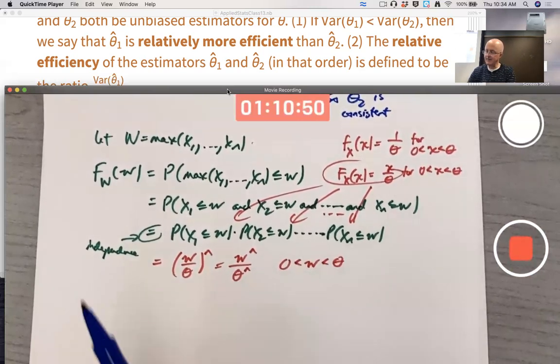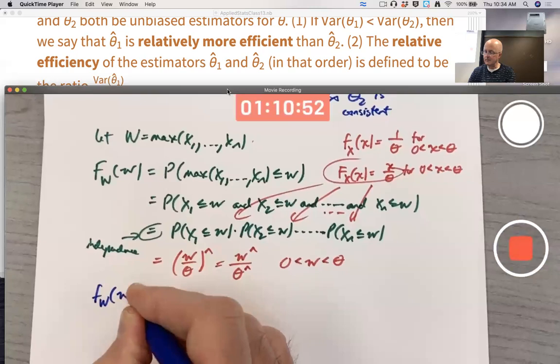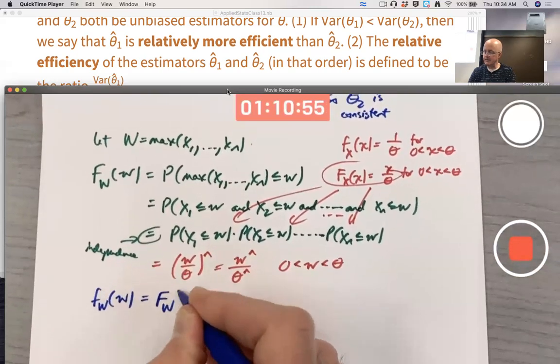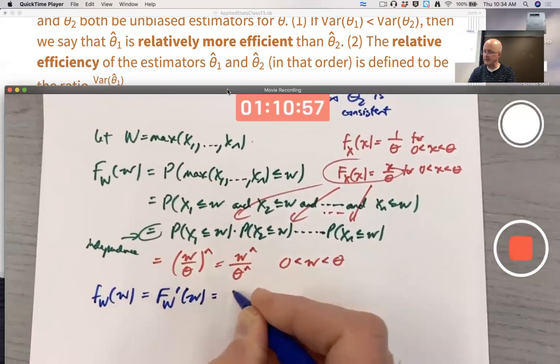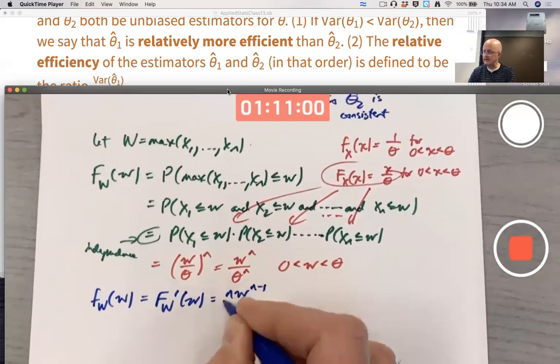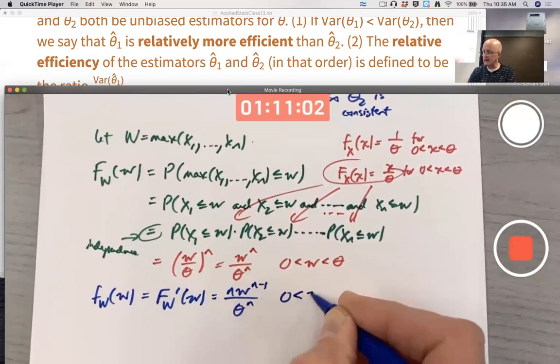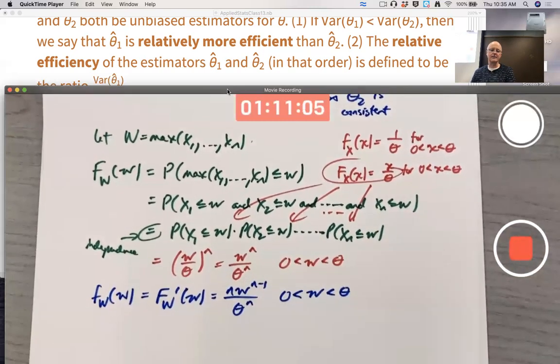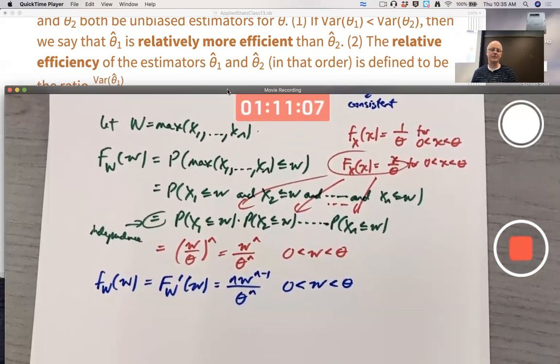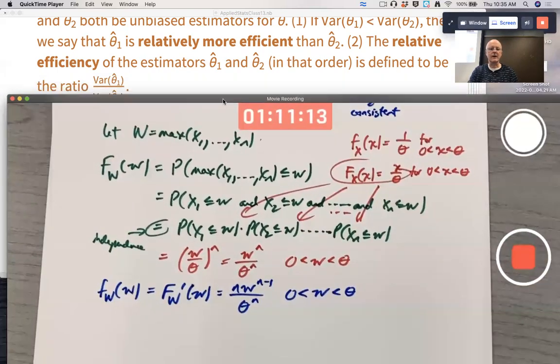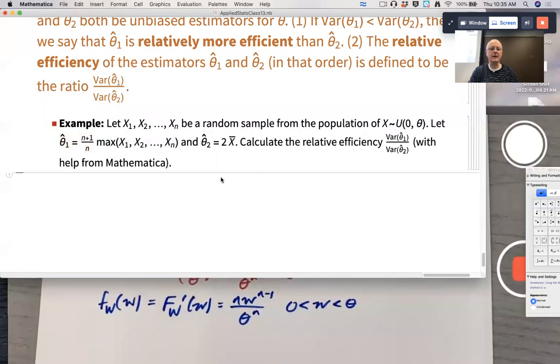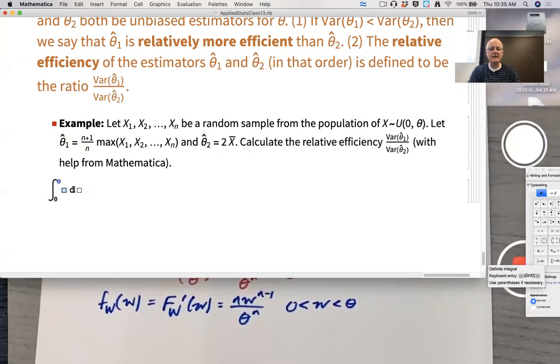What's its PDF? Take the derivative with respect to W. Get this. We're running low on time. I'm going to have Mathematica do some integrals for me. So the mean is the integral of W times the PDF.